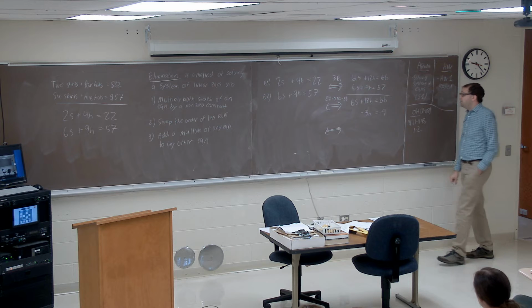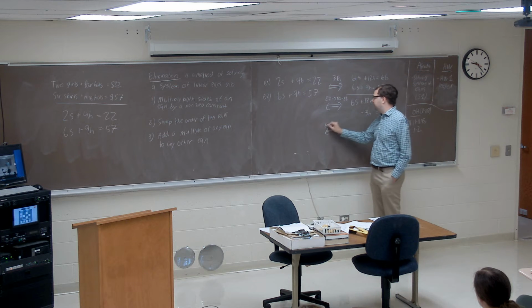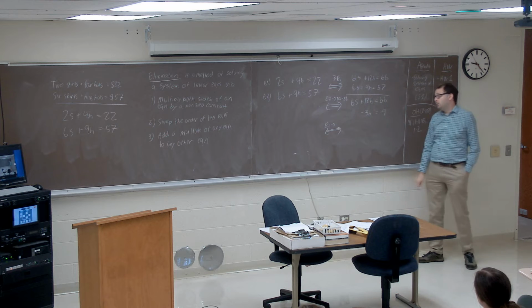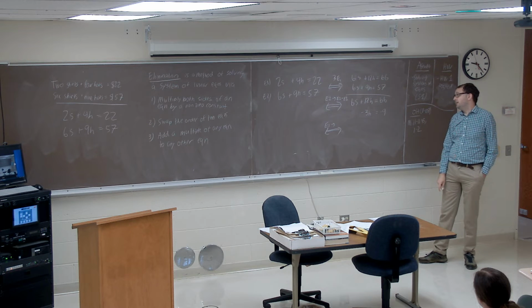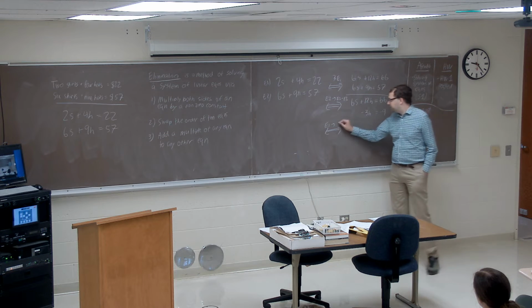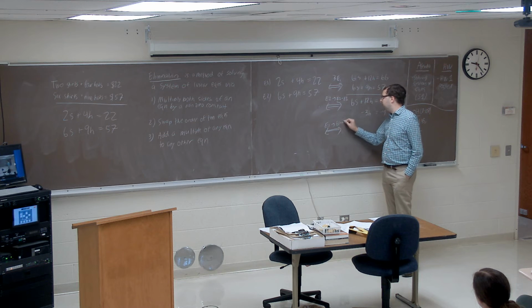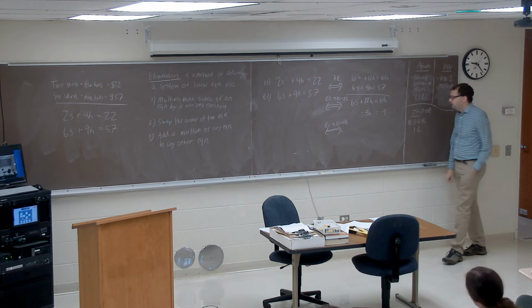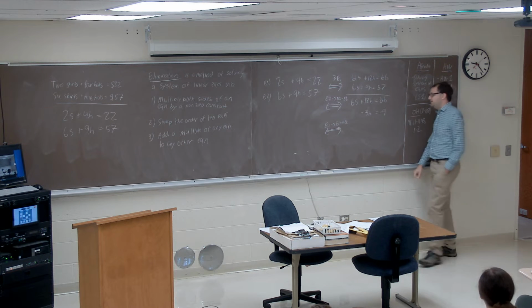I'm going to take equation 1 and I'm going to replace equation 1 with equation 1 plus 4 times equation 2. We'll see maybe why that makes sense in a second.